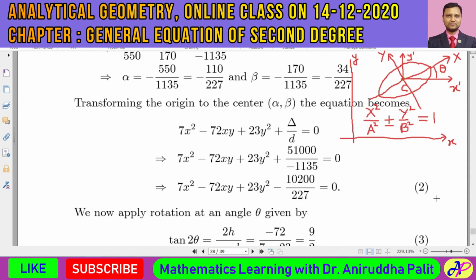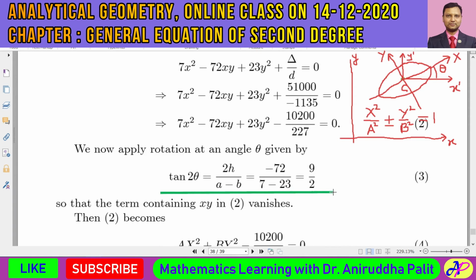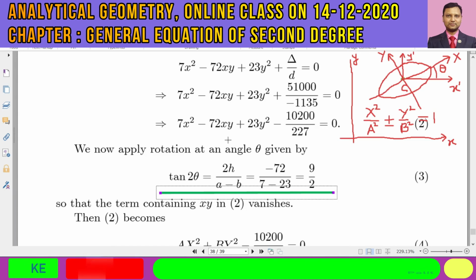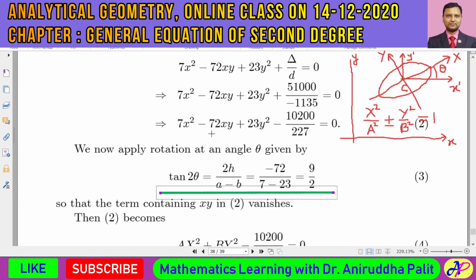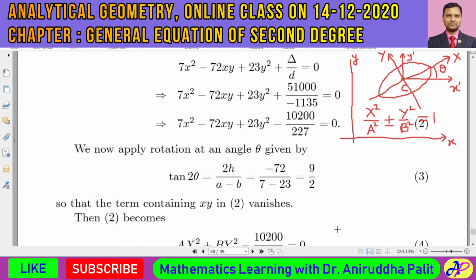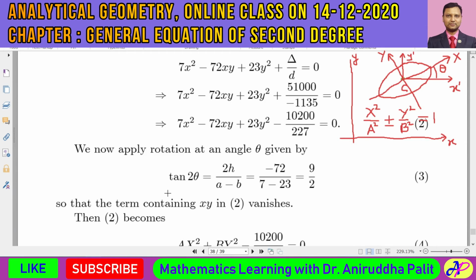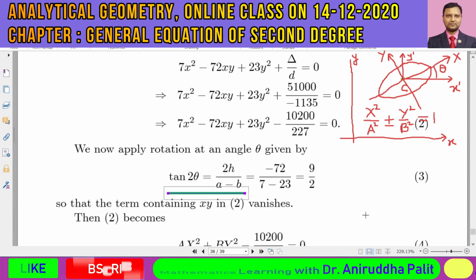Now we apply rotation by an angle theta, so that tan twice theta satisfies this kind of result, and it ensures that in the final computational part this kind of term would get vanished. That means the xy term would get vanished if we make this kind of rotation satisfying this formula number 3.